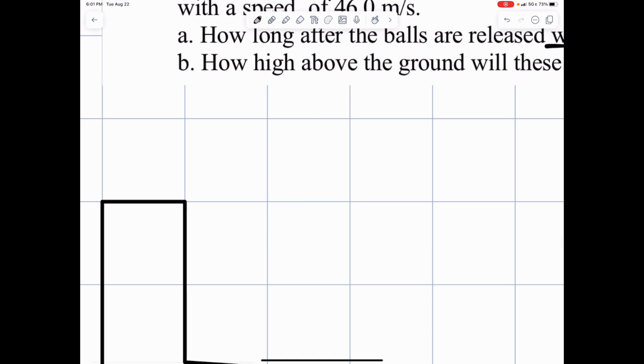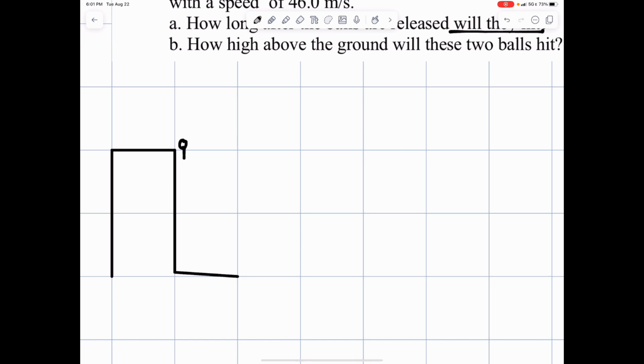Okay, and at the very top, we have a ball that's being dropped.